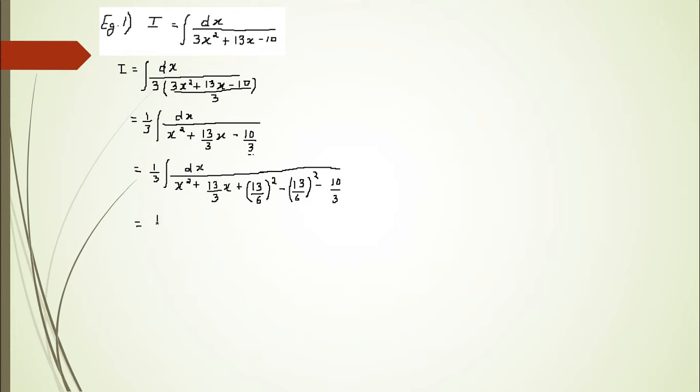So now this will give me 1 by 3 integral dx divided by, now this particular portion I can write as x plus 13 by 6 whole square, and the remaining I'll write as this 13 square is 169 by 36 minus 10 by 3.